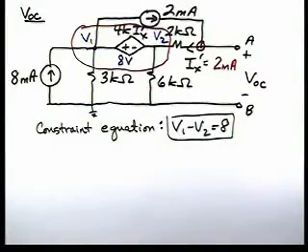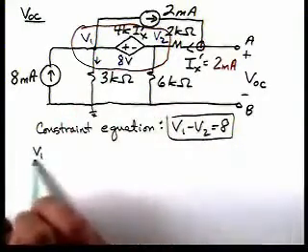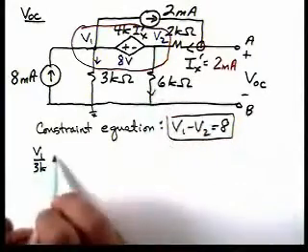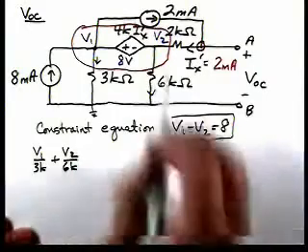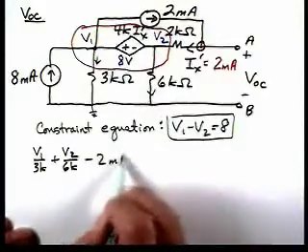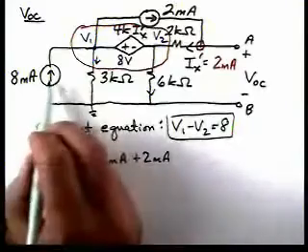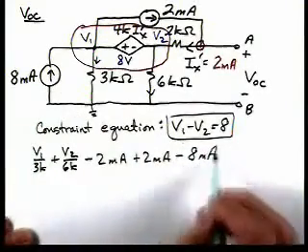Then if we apply KCL to the supernode, we'll have this current, we'll have V1 over 3K. This current will be V2 over 6K. We'll have 2 milliamps entering, so that'll be minus 2 milliamps. We'll have 2 milliamps leaving, so that'll be plus 2 milliamps. Then we'll have 8 milliamps entering, so we'll have minus 8.